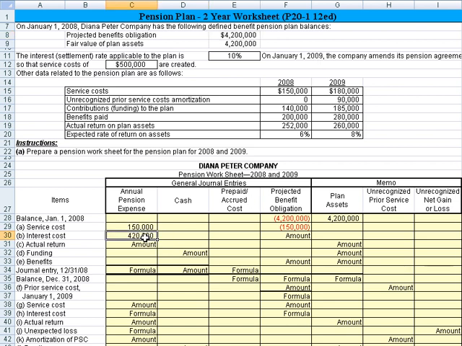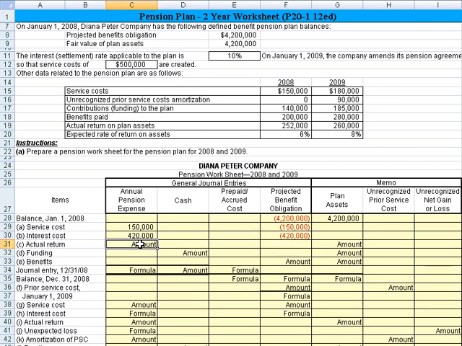We come up with an interest cost of $420,000. If we've got an increase in the interest cost of $420,000, then that also means that we're going to have an obligation equal to that interest cost, right? So it stays in balance.